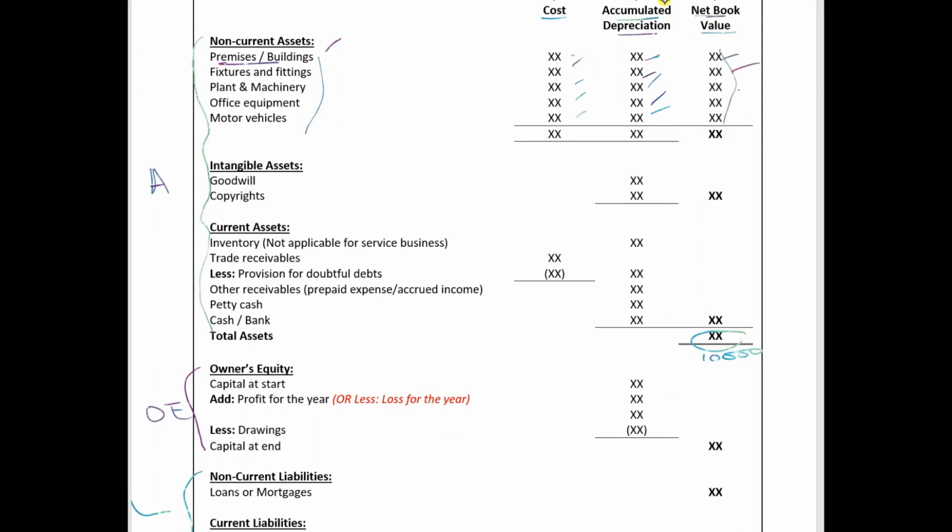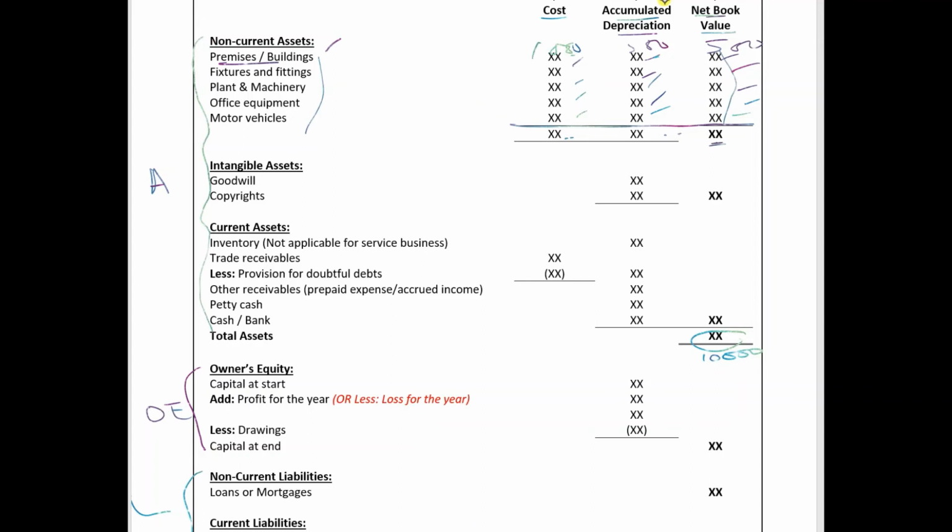You write over here. For example, this is 1,000 and this is 500, so you will get 500. Then you draw the line to total up. This is the total amount. This one minus this one equals this one. So all these are the non-current assets.